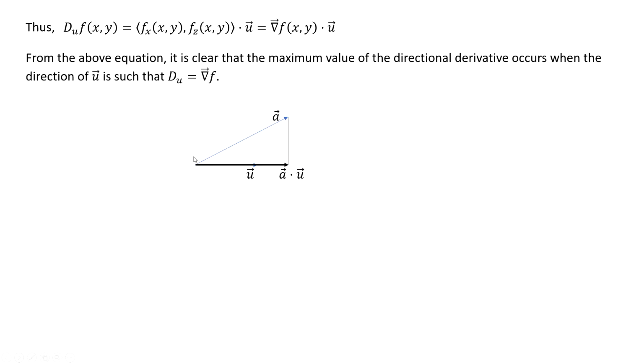Yeah, because that's like the hypotenuse. Hypotenuse has got to be the biggest side. However, if the direction of a coincides with the direction of u, wouldn't that be a maximum value? In other words, theta is equal to 0. So a dot u would simply be equal to the magnitude of a. And that's the maximum value.